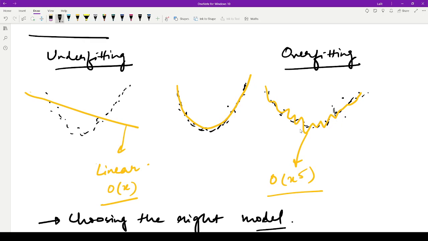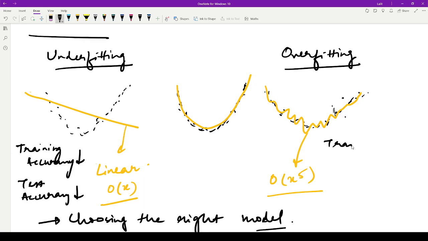So it's overfitting. So how can we detect overfitting? The test accuracy will be very low, but the training accuracy will be very high. So I'll write it here. Training accuracy is low, and test accuracy is low, for the case of underfitting.